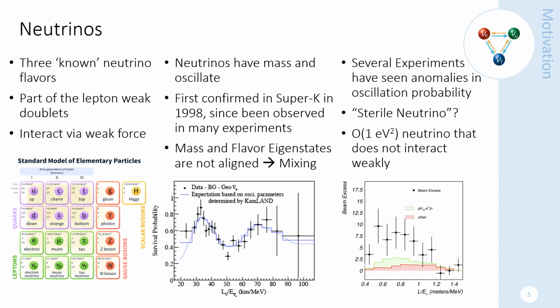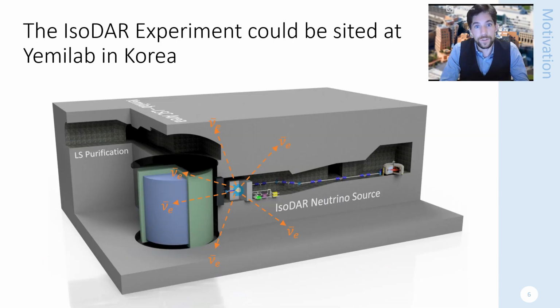There are already several experiments out there that are aiming at measuring these sterile neutrinos or determining whether they exist, but none of them are actually discovery level. And so the IsoDAR collaboration has designed an experiment that can definitively show that there are or aren't sterile neutrinos.